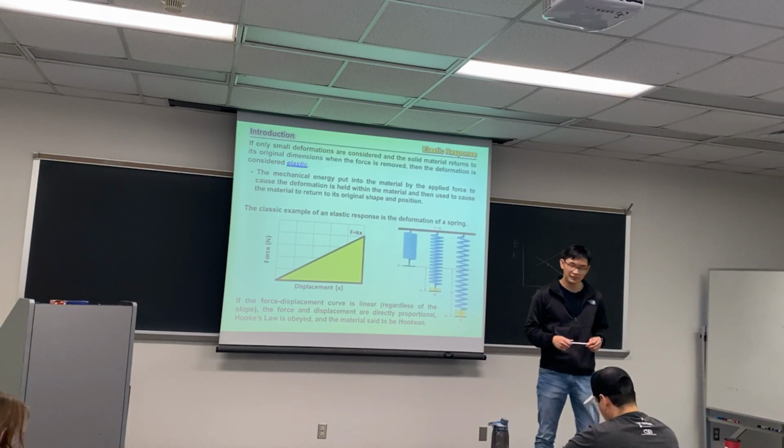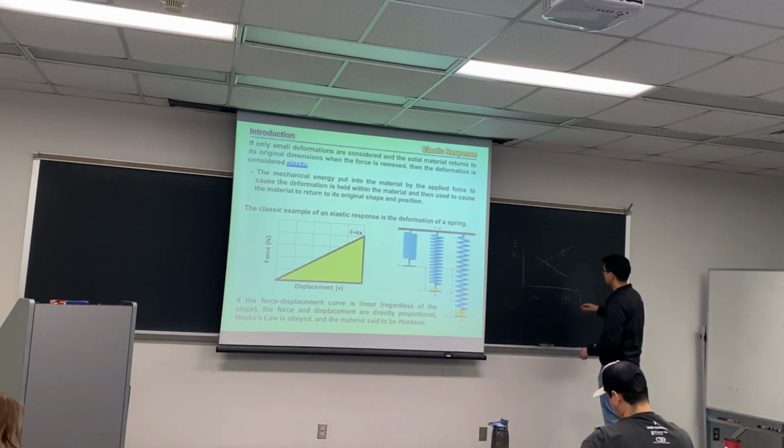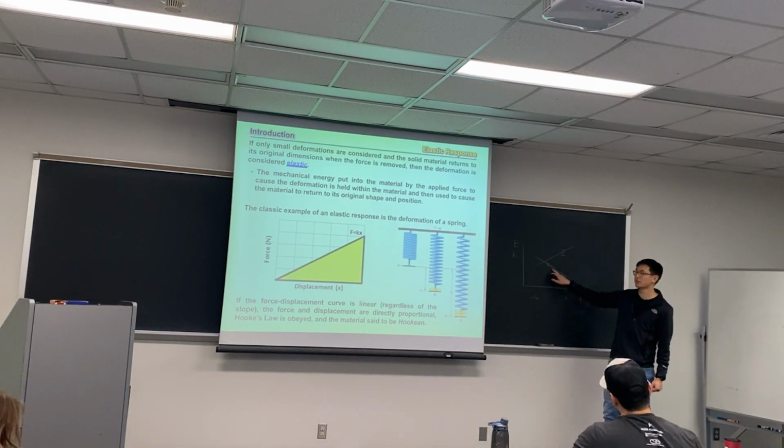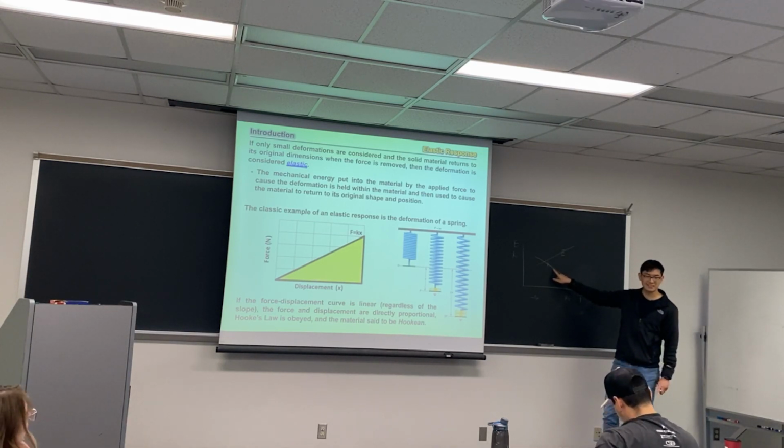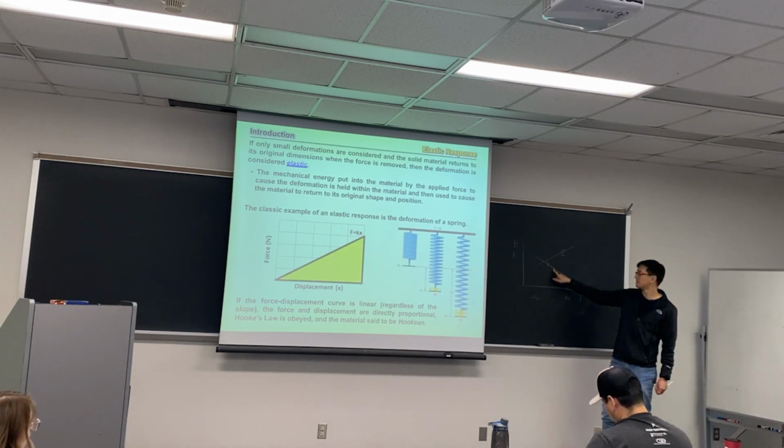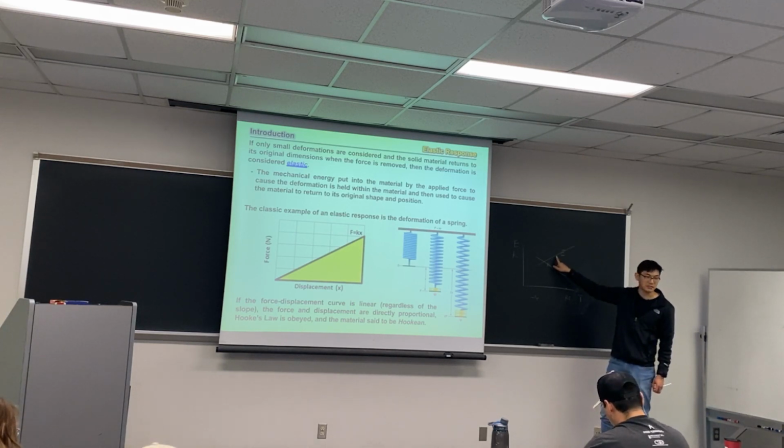What I can tell you is that the deformation mechanism is very different. For the metal it is enthalpy driven, depending on intermolecular forces, and this is entropy driven, where it depends on the entropy of a chain being stretched, okay?